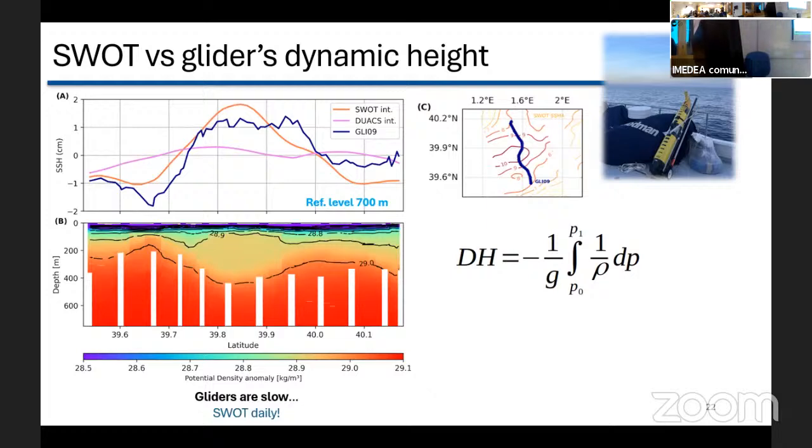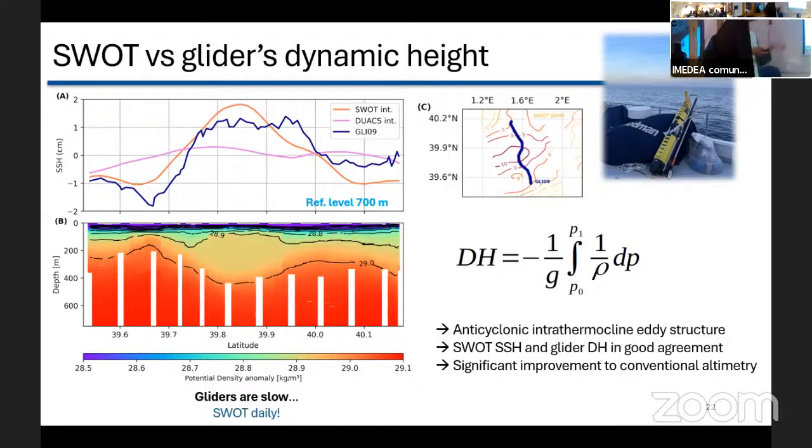And here it's impressive how SWOT is in good agreement with the glider, and how we capture these gradients and this higher magnitude of the eddy that we are also seeing with the glider. And here DUACS is flat.